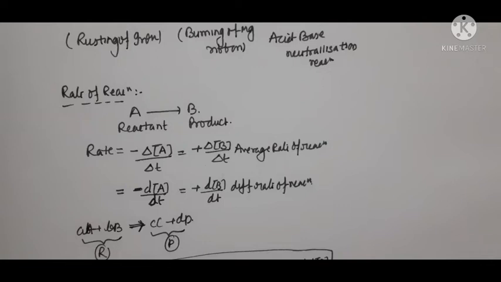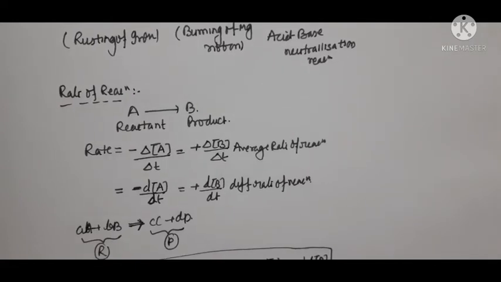If we want to find the instantaneous rate, what is instantaneous rate? If we want to find the rate in terms of concentration with respect to a small change in time, that is called instantaneous rate.